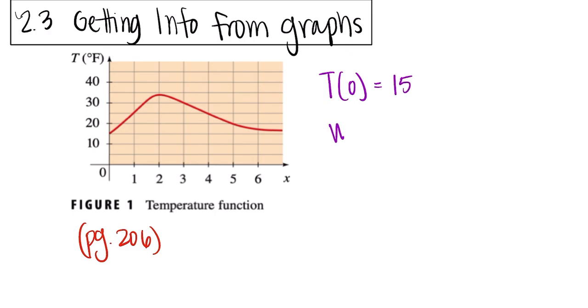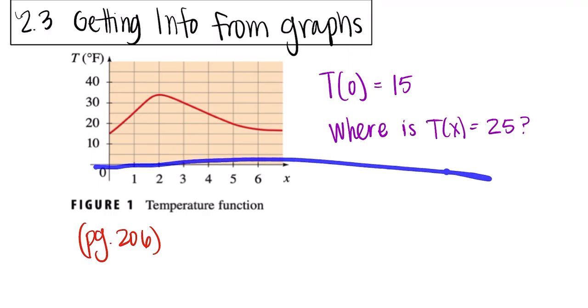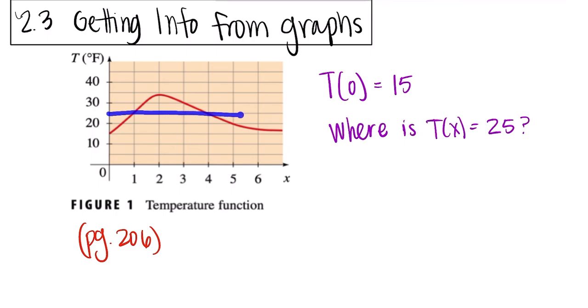What if I said something like, where is T of x equal to 25? Is this 25 an x value? Is that my input? Where do I look for that 25? So I'm going to look on the y-axis.